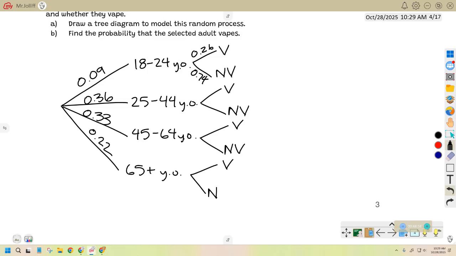And then we're going to follow that process. So next age group, 21% vape, so 0.21, 0.79. Next age group was 11, so 0.11, 0.89. And then last one was 5%, so 0.05, 0.95.